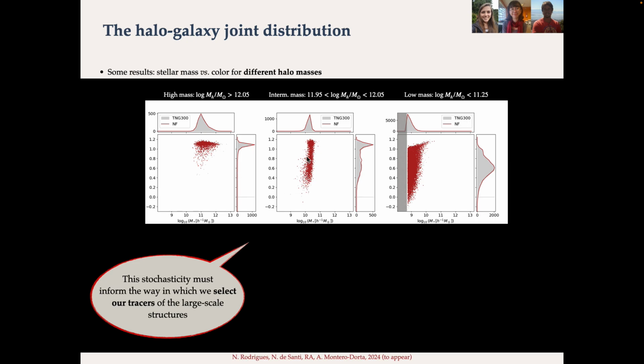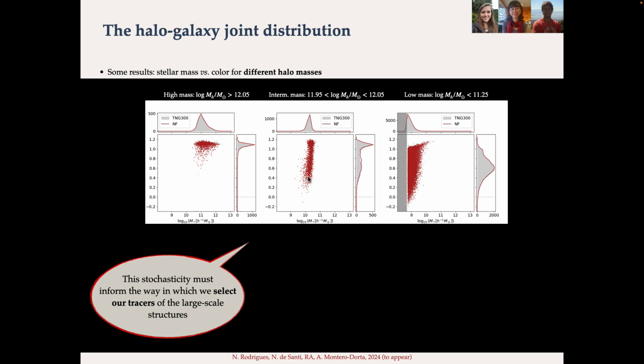Now, you can also ask the same question for less well-behaved galaxies. If you have an intermediate mass halo, and then you ask, what are the properties of galaxies in these intermediate mass halos, you will find that now the opposite happens. The mass range is actually a bit more limited, although yes, we chose a very limited mass range here.